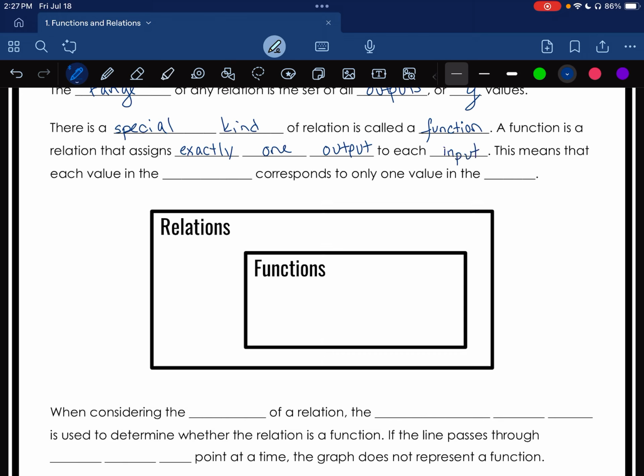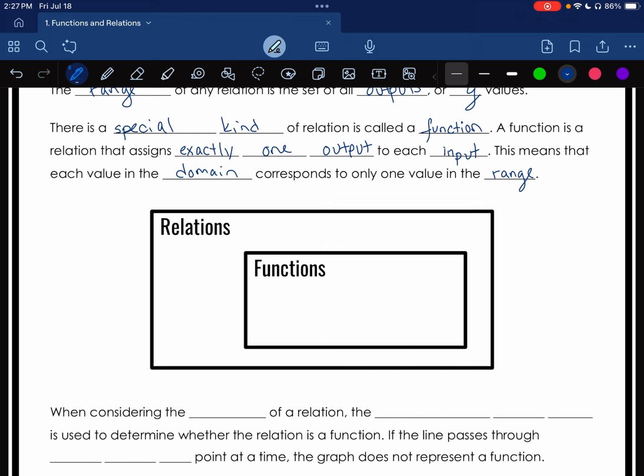So this means that each value in the domain, or each x value, corresponds to only one value in the range, or y values. All right, now I know what you're thinking. That sounds kind of confusing. So we're going to talk about how to test for this, and I think once we see the visual, it's going to start making more sense.